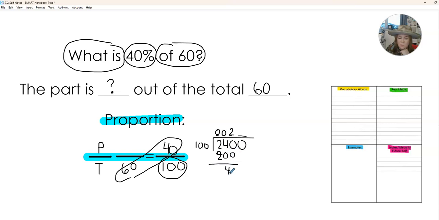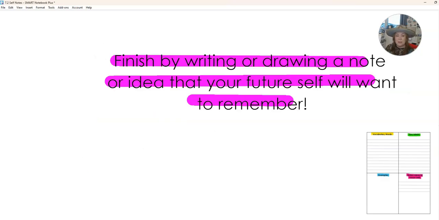Left over is 40, bring down the 0. 100 goes into 400 4 times. So again, the part we have is 24 out of 60 is 40%. So every single time, this proportion method, as long as we put our part and percent on the top, total and 100 on the bottom, will work as well. So go ahead and write yourself a little note or something that will help you be successful in finding percentages.